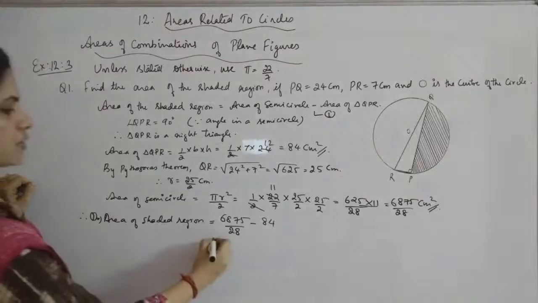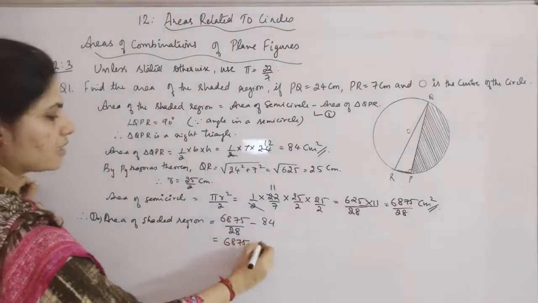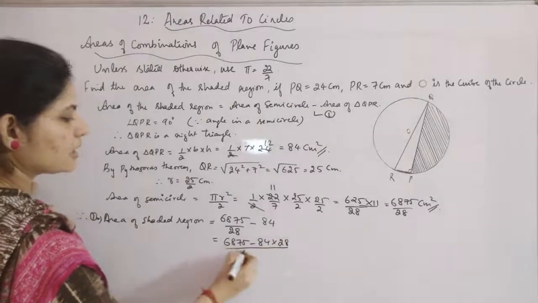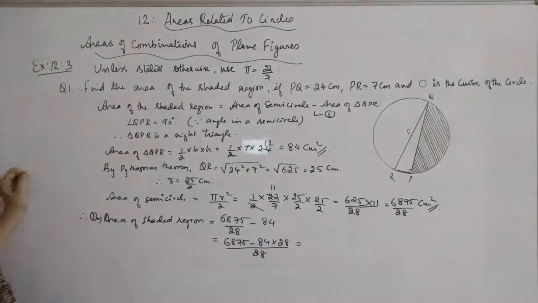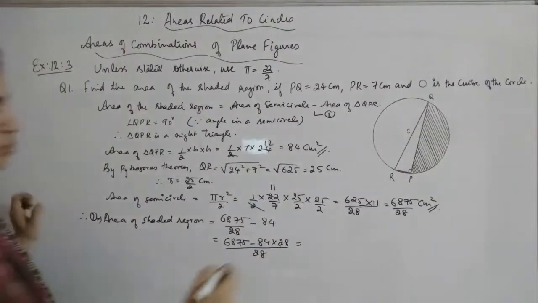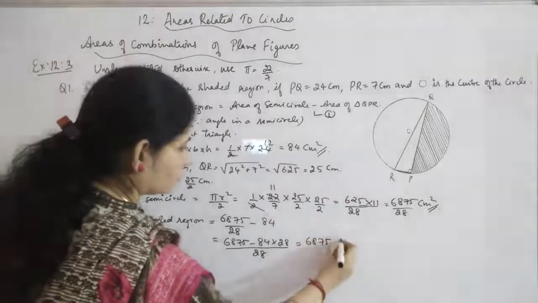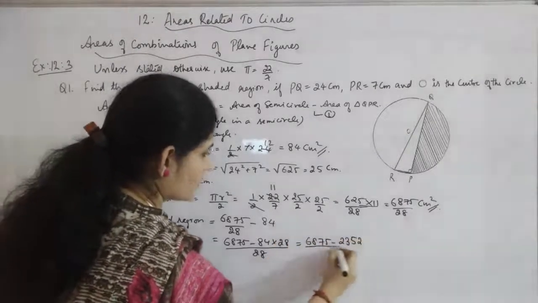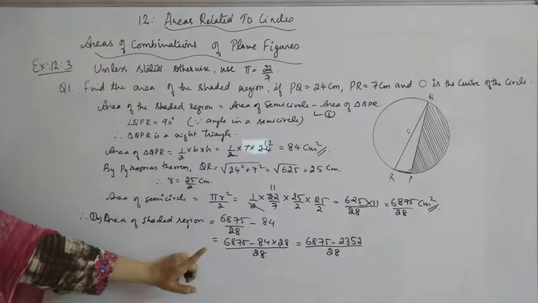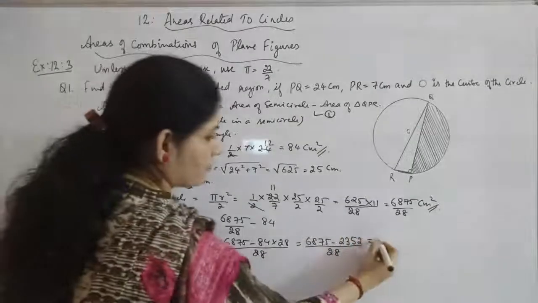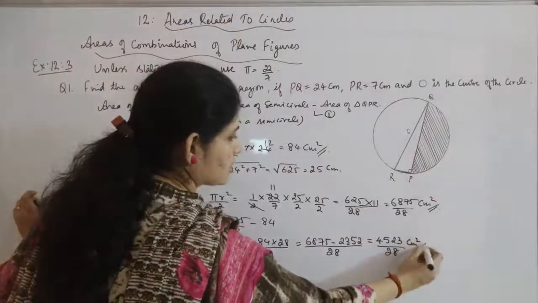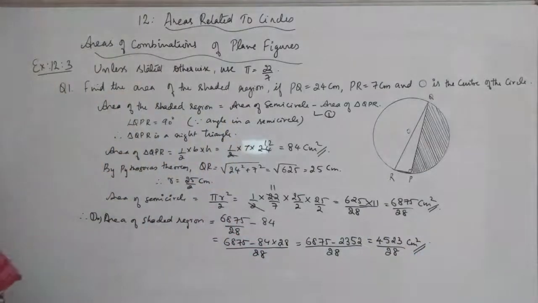Now after taking LCM, what you will get is 6875 minus 84 into 28 divided by 28. That is 6875 minus, what is 84 into 28? 2352. Divided by 28, and the value for that you are getting as 4523 in the numerator divided by 28 centimeters squared. So this is the area of the shaded region.